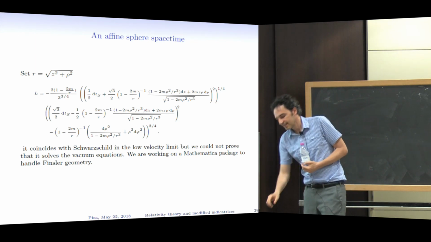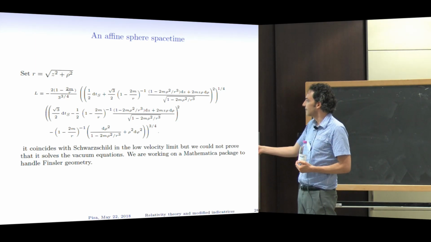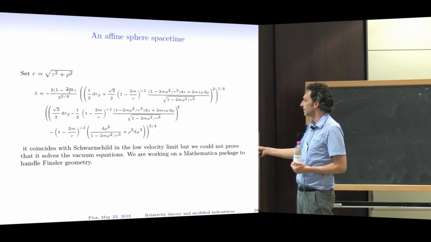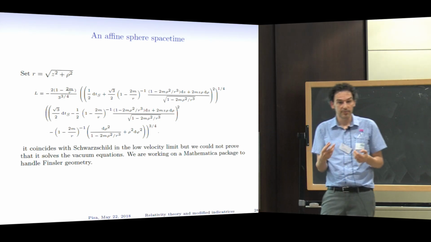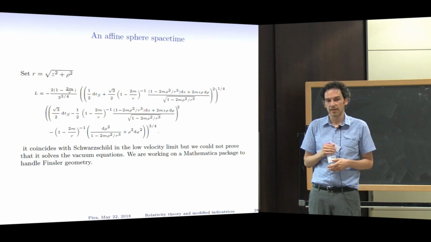So you can see here that in fact it's something with an exponent times something with another exponent. They usually have this product structure, this affine sphere.